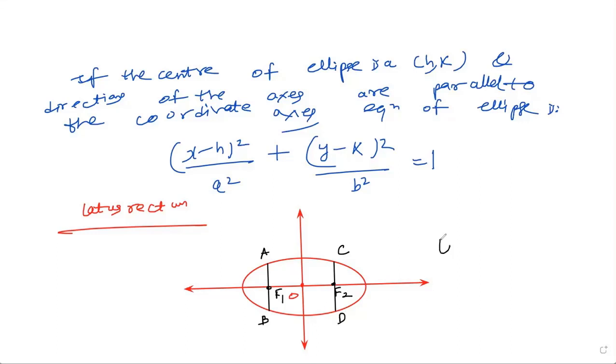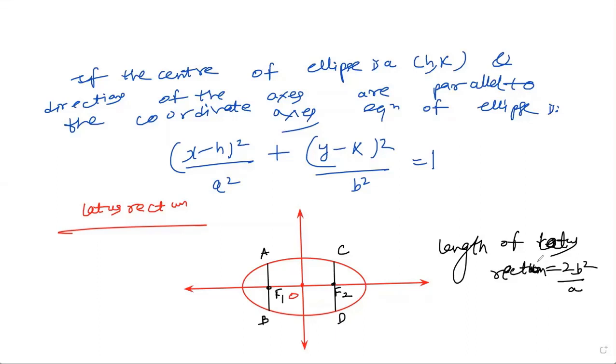Okay, and the length of the latus rectum we can get using this form. That will be 2b squared divided by a. So in the question, if you need to find the length of the latus rectum, you just simply calculate 2b squared by a, and that is how we can get it.